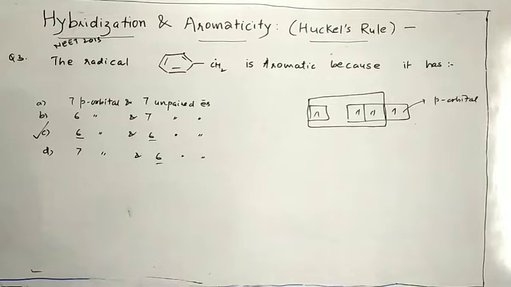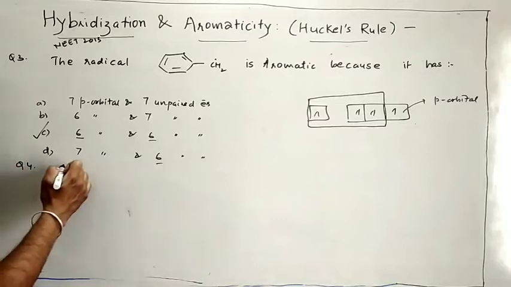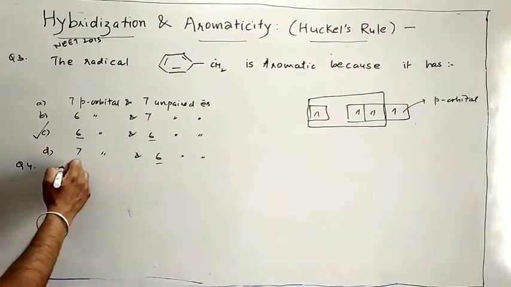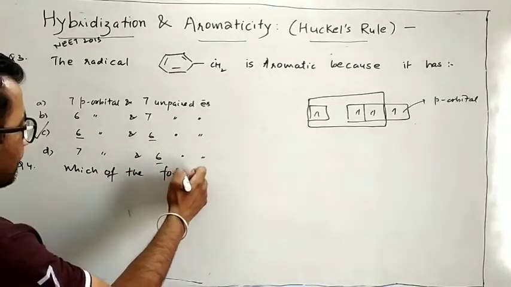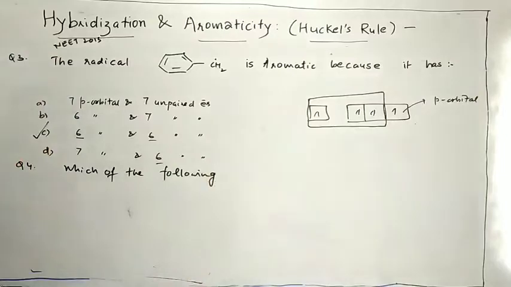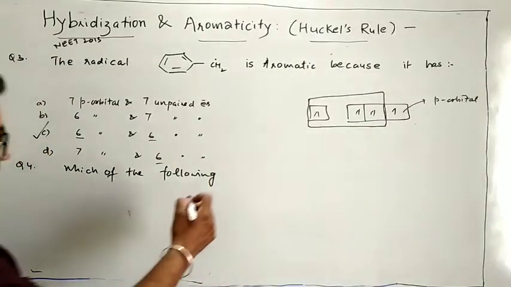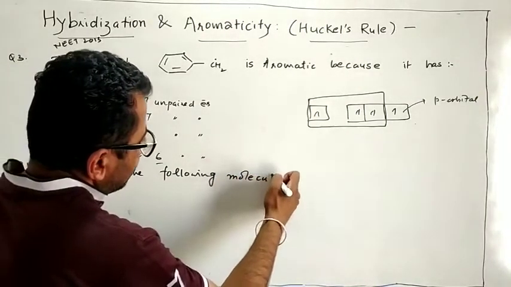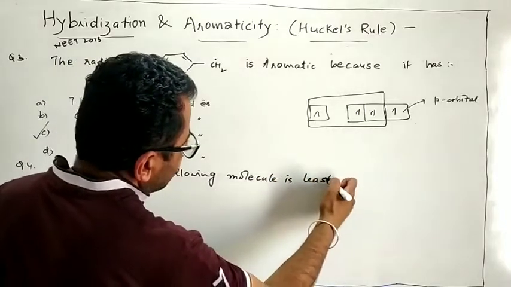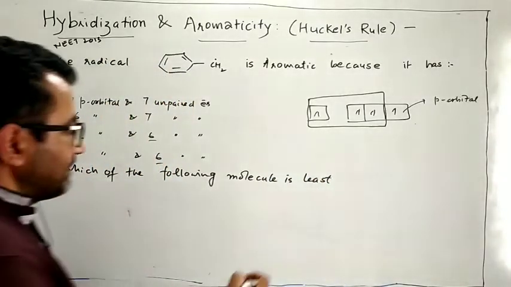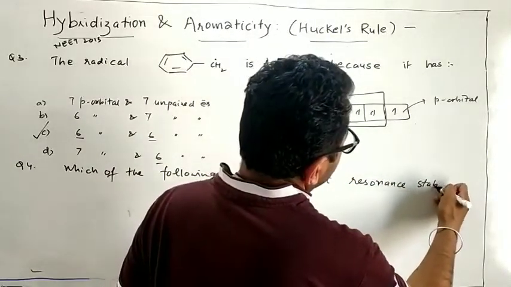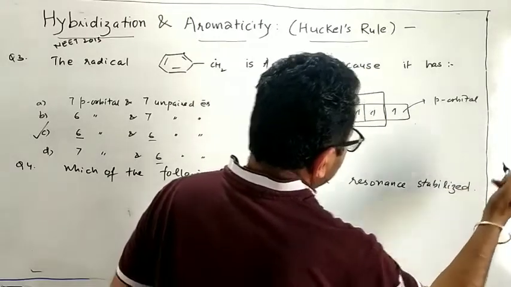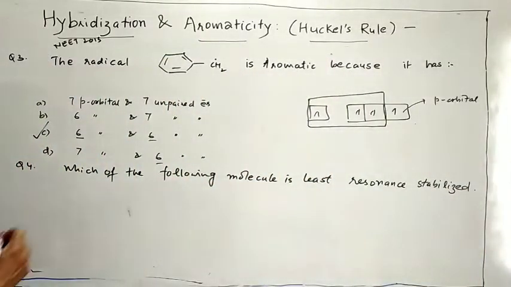Next question is from JEE 2018. Which of the following molecules is least resonance stabilized? 4 options are there.